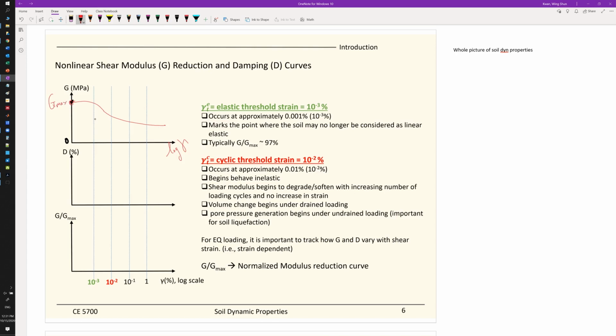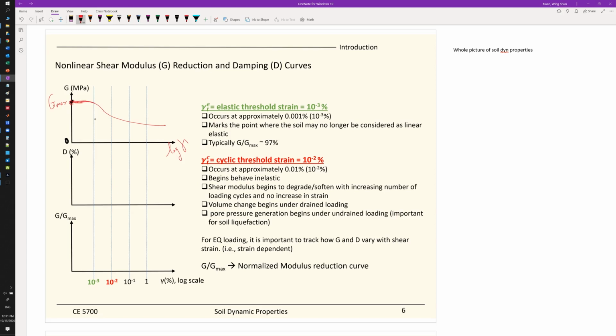Again, when the shear strain is very close to 0, the very first hysteresis loop, the slope representing the stress strain response over there is the Gmax, the maximum shear modulus. So this will be the highest value. It's supposed to be kind of a flat line that maybe goes down a little bit.